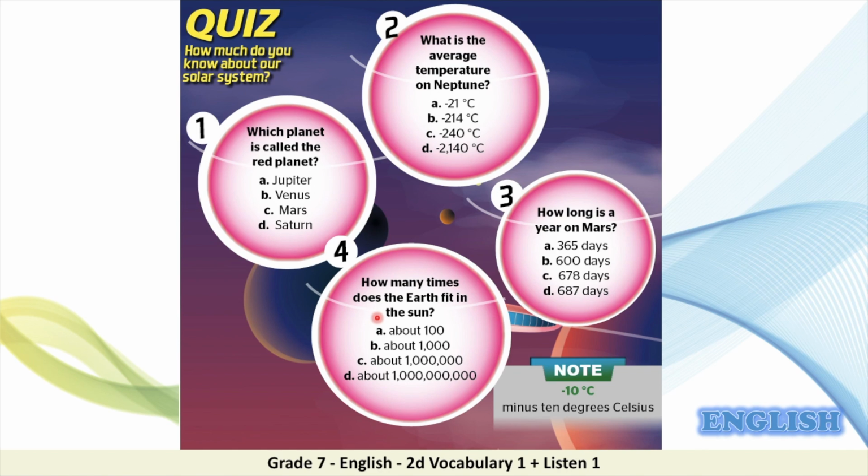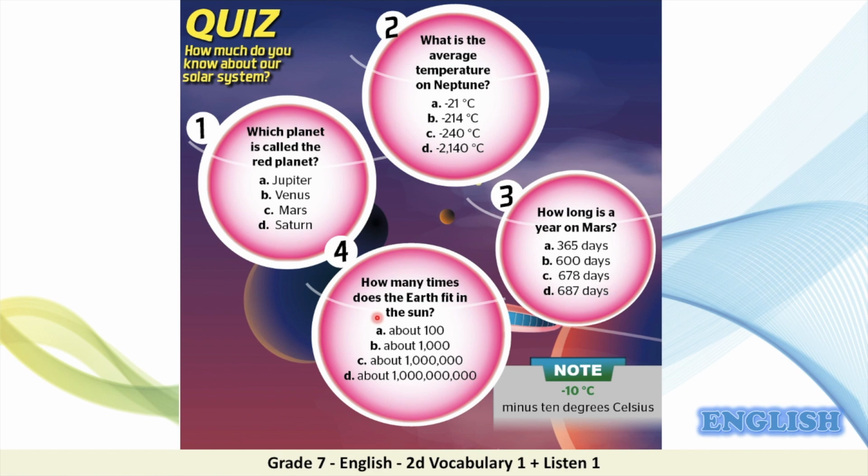It's 687 days. Well, an Earth year is 365 days, right? Right. Well, imagine living on Mars. How long would each season be? Do you want to hear how big the sun is? How big? Very, very big. Just imagine that the Earth can fit in it about 1 million times. 1 million times? That's amazing.